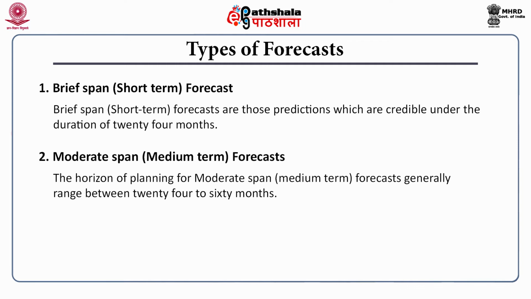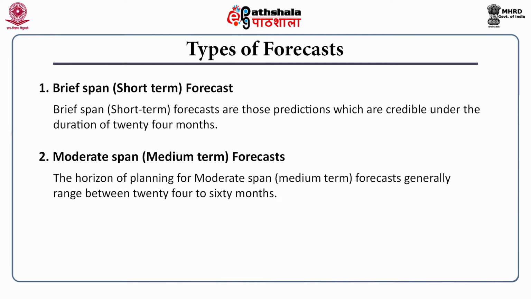The horizon of planning for moderate span forecasts generally ranges between 24 to 60 months. The establishments involved in consulting the government and weaving a safety net to cope with the fluctuations of the global capital flow and overall political scenario find this forecast essential.